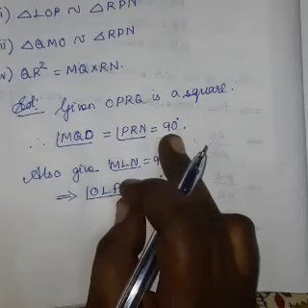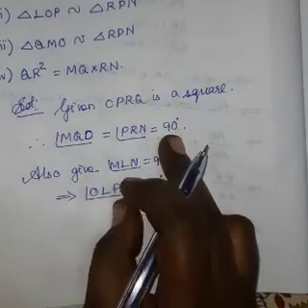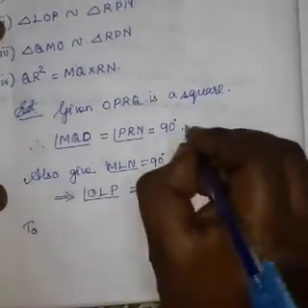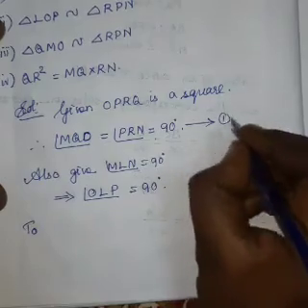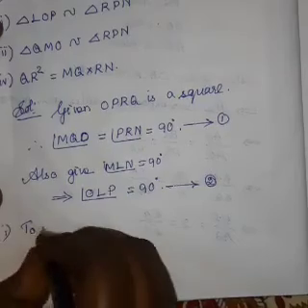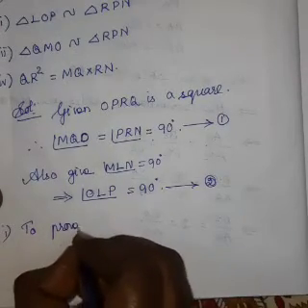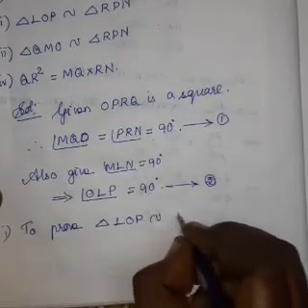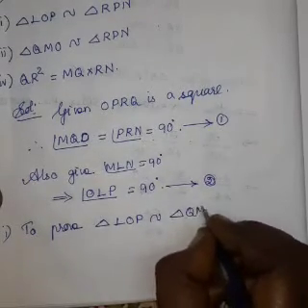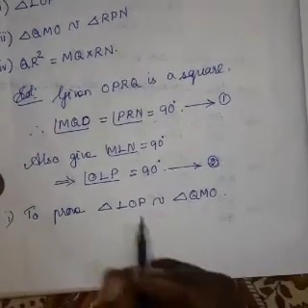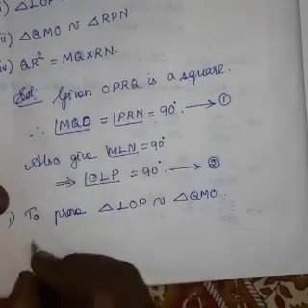Now we can start to prove the first question. To prove these we will use these two conditions, so put them as equation number 1 and equation number 2. First one, to prove triangle LOP is similar to triangle QMO. From 1 and 2 we can say the angles are equal.